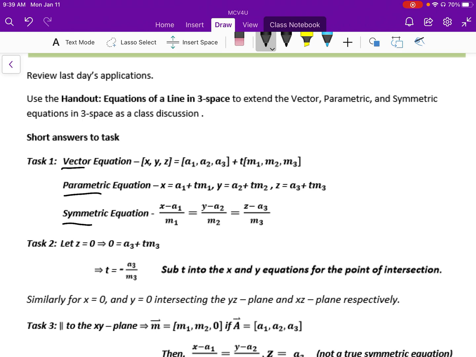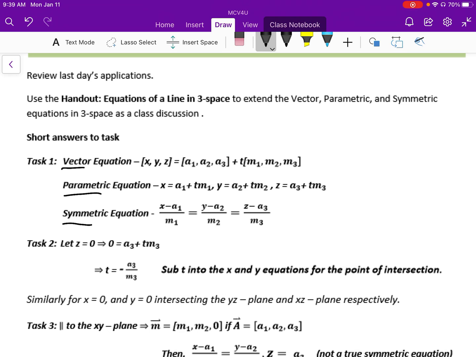Now, when we're trying to take a line and intersect it with one of the major planes, the xy, the yz, or the xz, what we need to know is that the third component is going to be equal to 0.